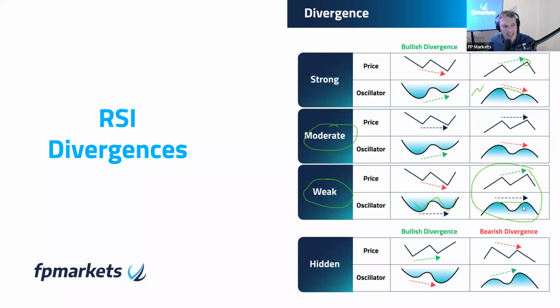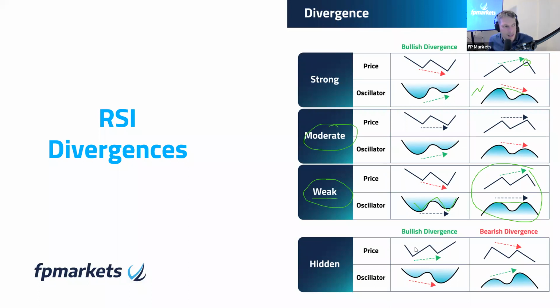So what this tells us is average losses are not really exceeding gains too much right now, but it's a weak sign that momentum may struggle to continue. So it's very different from the strong version.